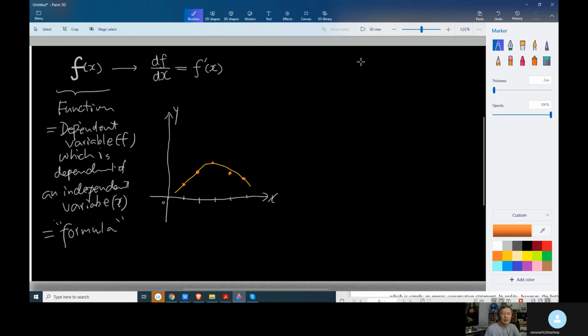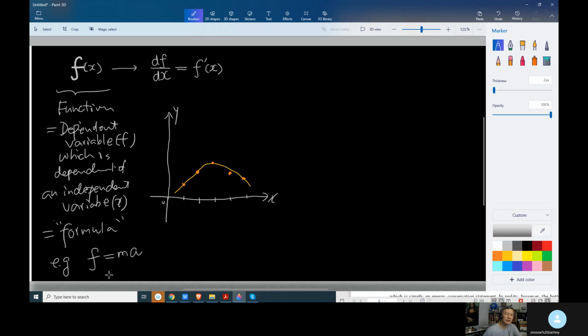A good example, of course much simpler, is a linear function. Can you see this F here? F is force. Newton says the force equals the mass multiplied by acceleration. In this case, either mass or acceleration can be considered a variable, right?